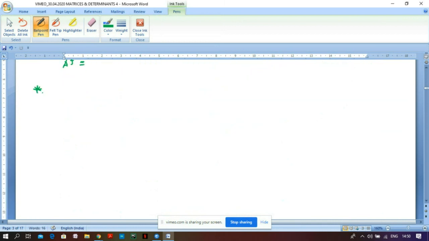Next, let me do one problem that connects the inverse with it, and then the degree of this polynomial also becomes 3 because the matrix is 3 by 3. Let the matrix A be given by 2, -1, -1, -1, 2, -1, and 1, -1, 2. It is known that A inverse exists.